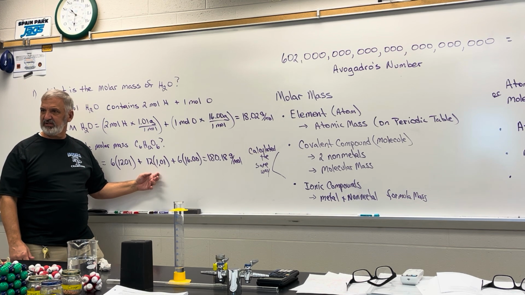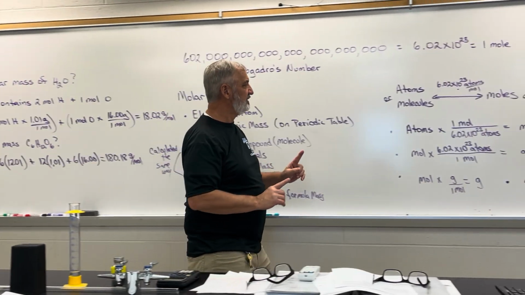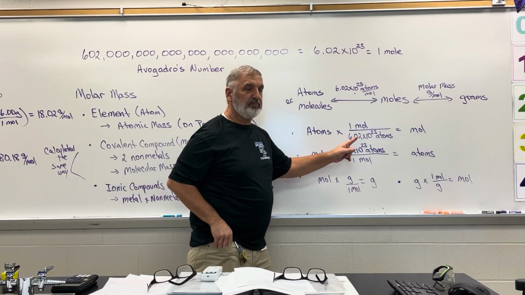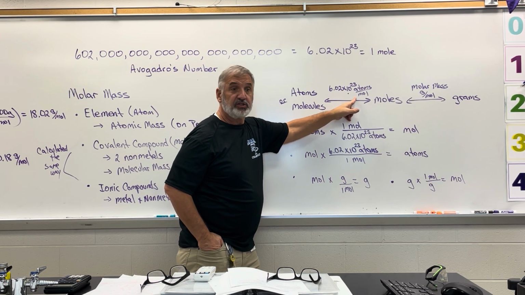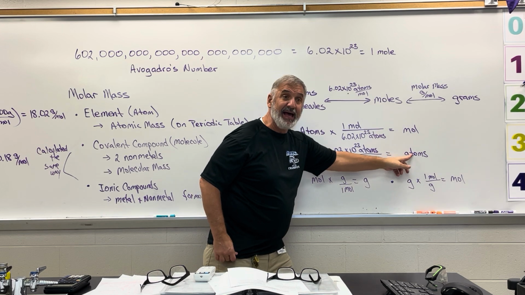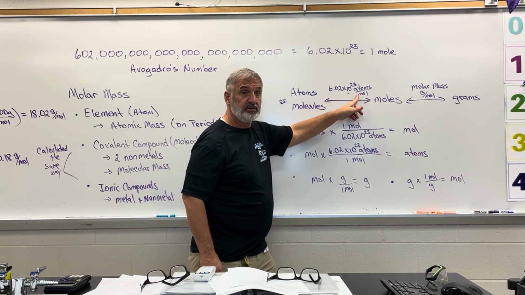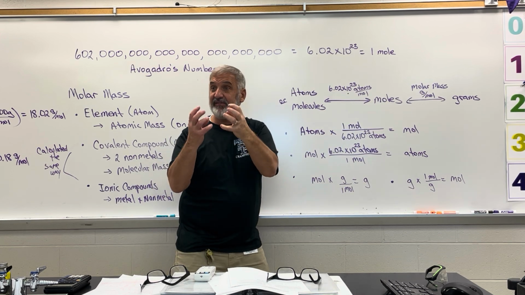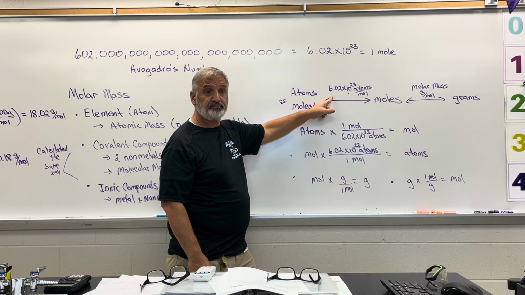Does that make sense? So we have 2 conversion factors now. We have Avogadro's number, that is atoms per mole. So if I want to go from atoms to moles or moles to atoms, I'm going to use Avogadro's number, 6.02 times 10 to the 23rd.